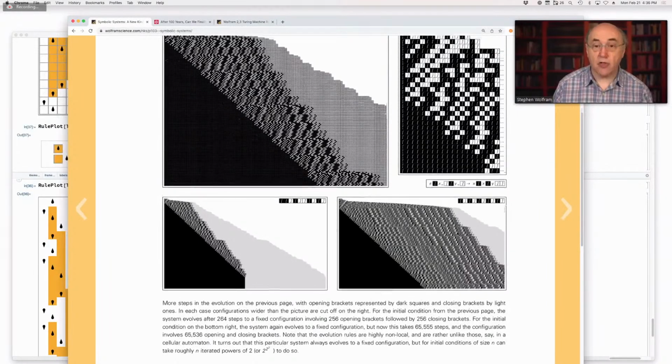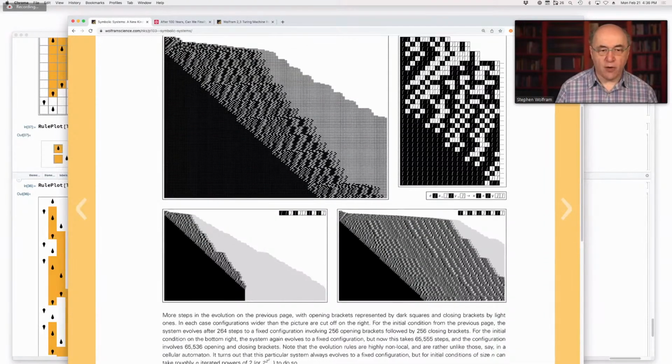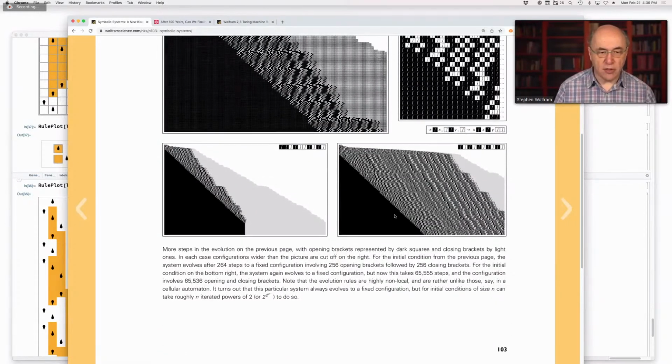This is, oh no, sorry, that's still the rule from the previous page, starting off from different initial conditions. One question you can ask is, will it ever halt? You can see in this case, it goes to a lot of trouble from that initial condition, and eventually it halts. How long does it take to halt?